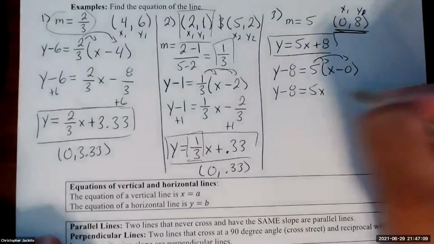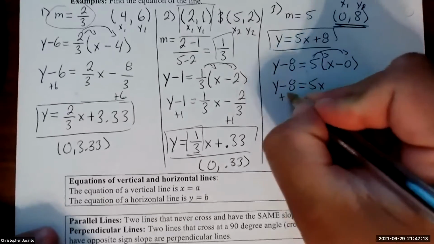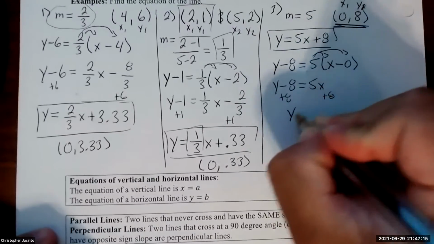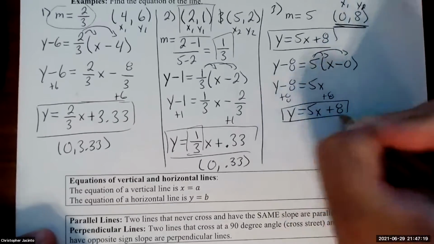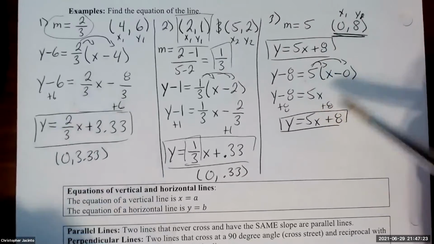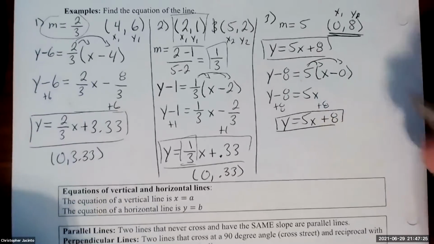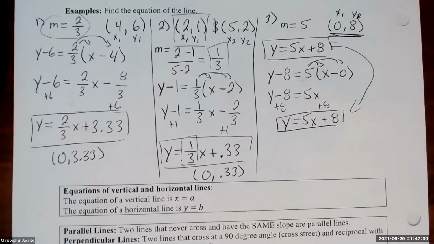And then 5 times 0 is just 0, right? So there's nothing there. Add 8 to both sides. And you get that. So either way, you get the same answer. It's just, if you recognize it, you can go a little faster. But again, using the same equation, you get the same answer in either case, right? So it's just a couple of different ways to deal with it.